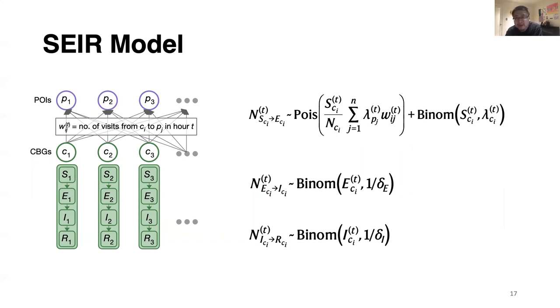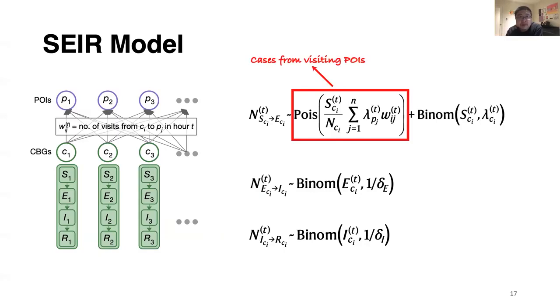The authors assume that any susceptible visitors to POI P_j at time t have the same independent probability lambda_t of being infected and transitioning from susceptible to exposed state.